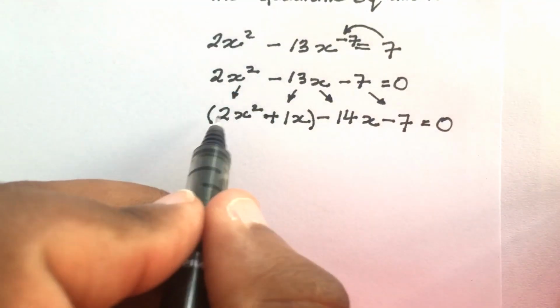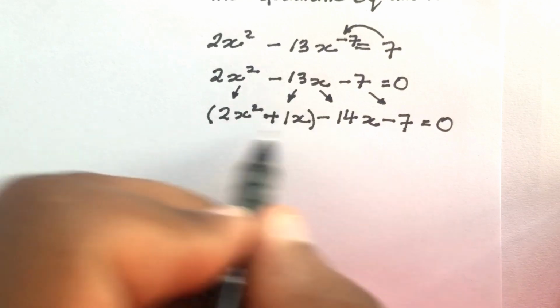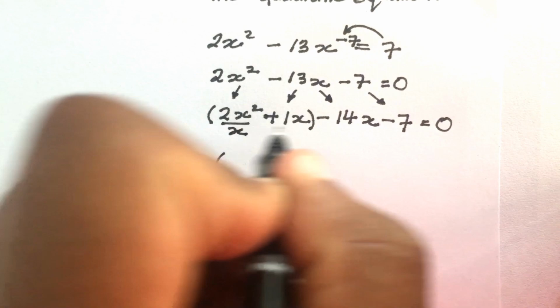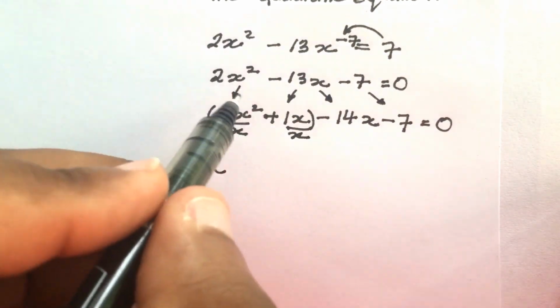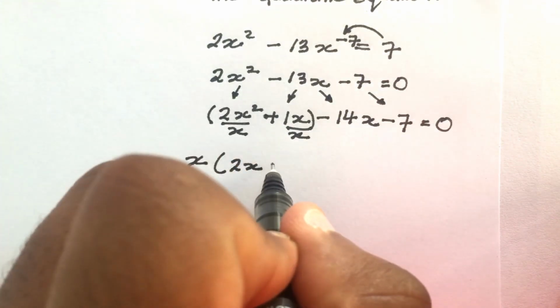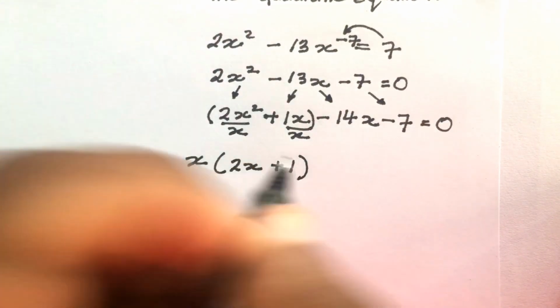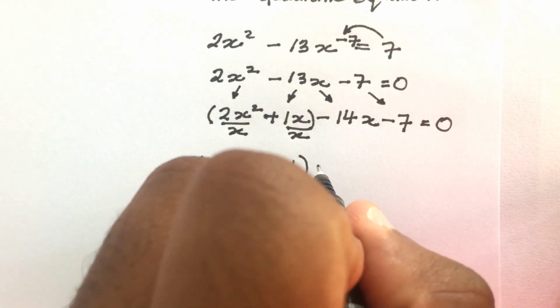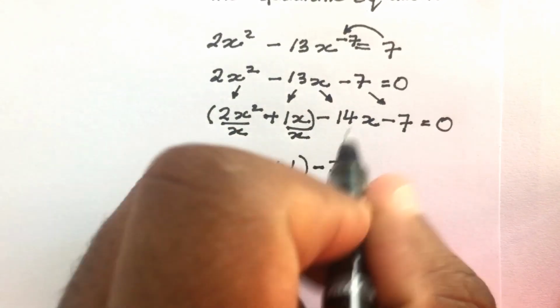The common term or variable between these is x. So I'm going to divide each term by x. This will give me 2x. This cancels down to 1. And then I'm going to factor out here now a negative 7, because both of them are negative.